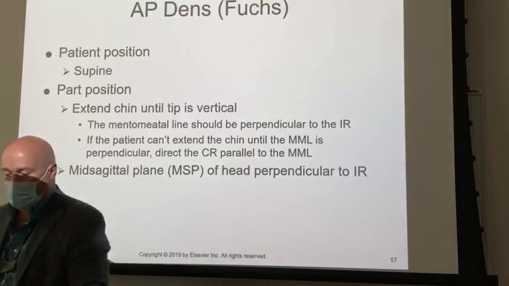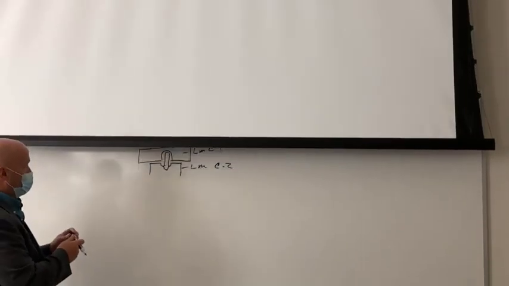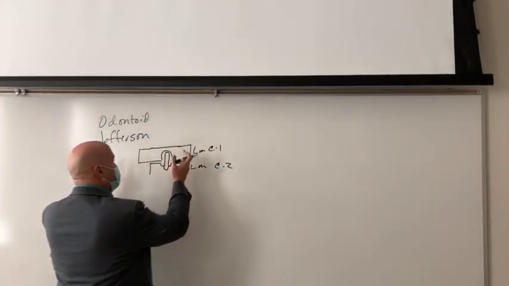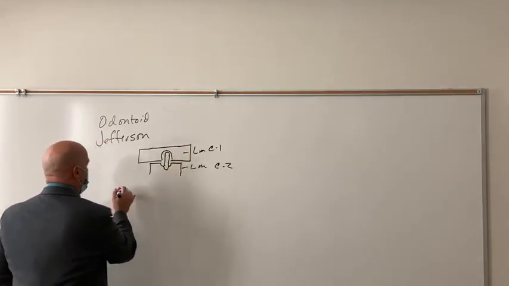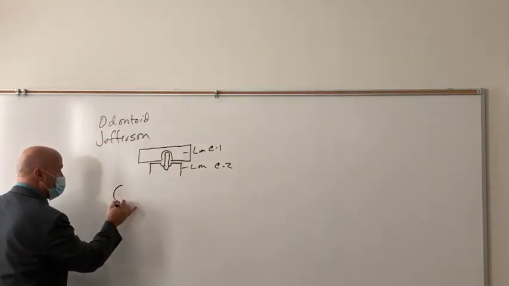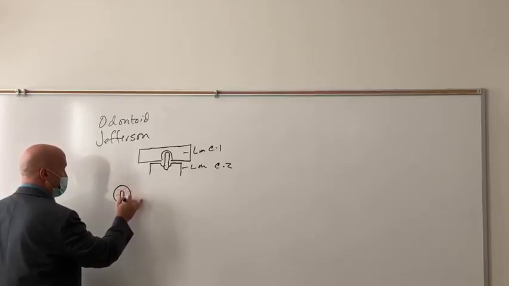Okay? The problem here is that what you don't see is the lateral mass and its relationship between C1 and C2. What you will see is you got foramen magnum and the odontoid process actually starts down there.